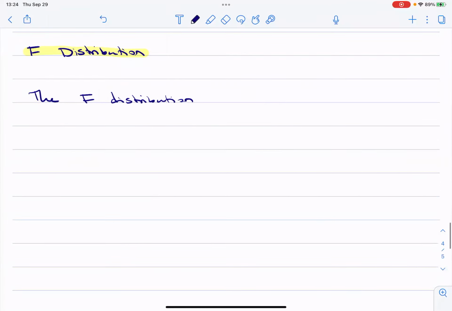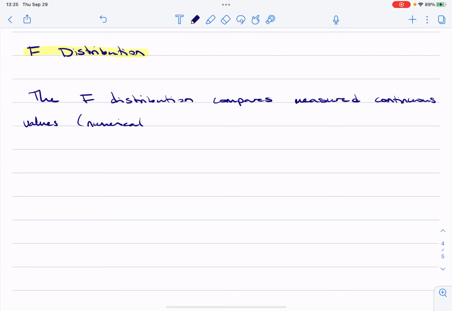And so the F distribution compares measured continuous values, so numerical data, across groups, which would come from categorical data. I asked that like a question, but I meant it as a statement.